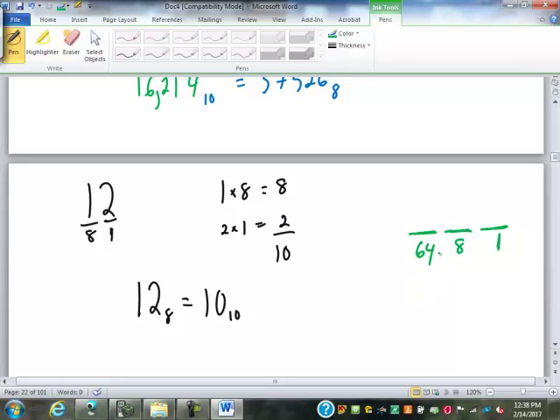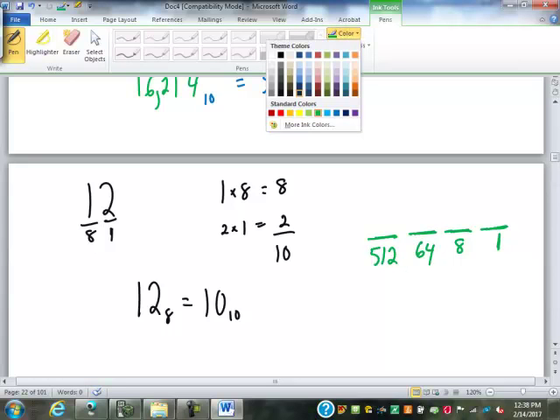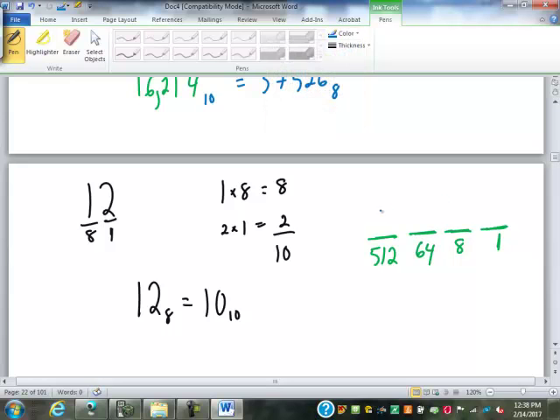We're going up, multiplying by 8 every time, powers of 8. Whatever goes in this slot is times 512. So if I give you 3526, this is in base 8. This is a base 8 number, or octal number.